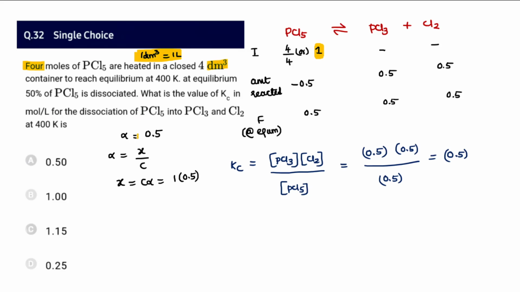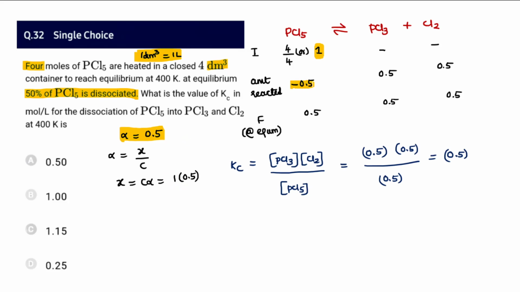Let's say the amount reacted is 50%, because it is given that 50% of PCl5 is dissociated from our initial value. So alpha, the degree of dissociation, is 0.5. The degree of dissociation can be written as alpha equal to number of moles by the concentration. Therefore x equals C alpha, concentration is 1 and the degree of dissociation is 0.5, so you are going to get x as 0.5.